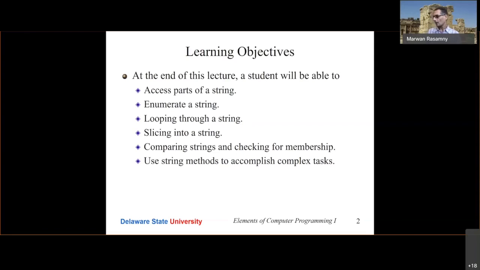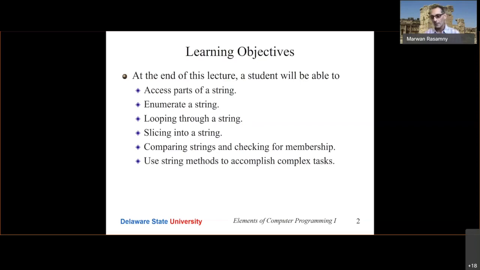We want to learn how to enumerate a string, and we'll talk about what that means. Looping through a string, we've already kind of done, but we're going to use the while loop now instead of just a for loop, and that becomes a slightly different kind of pattern. And how to slice into a string.